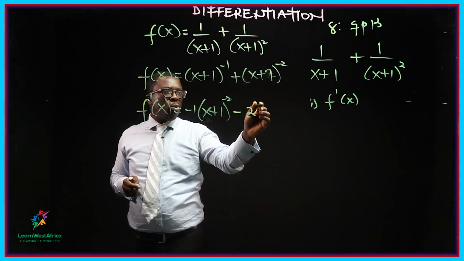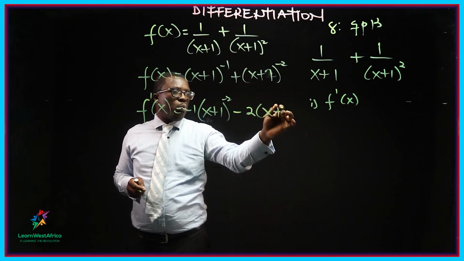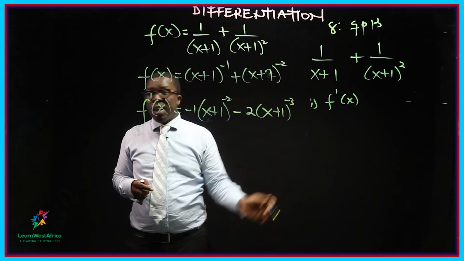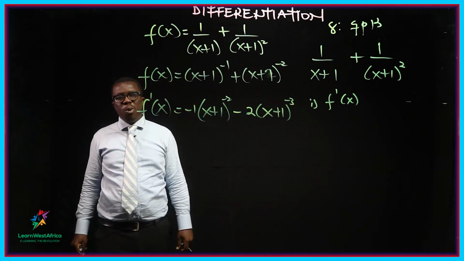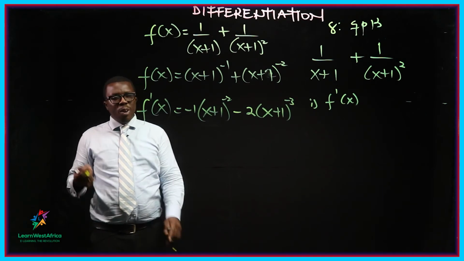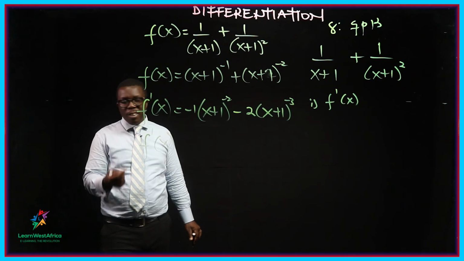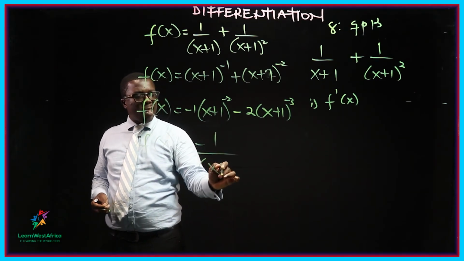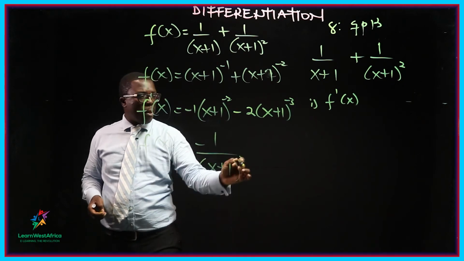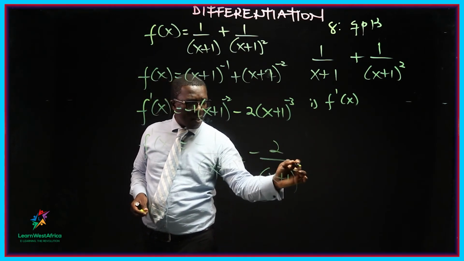So this is going to give you minus 2 into bracket x plus 1 to the minus 3 times we differentiate what is in there. That also is going to give you 1. So in effect, your first derivative of the function is going to give you minus 1 all over x plus 1 all squared minus 2 all over x plus 1 all cubed.